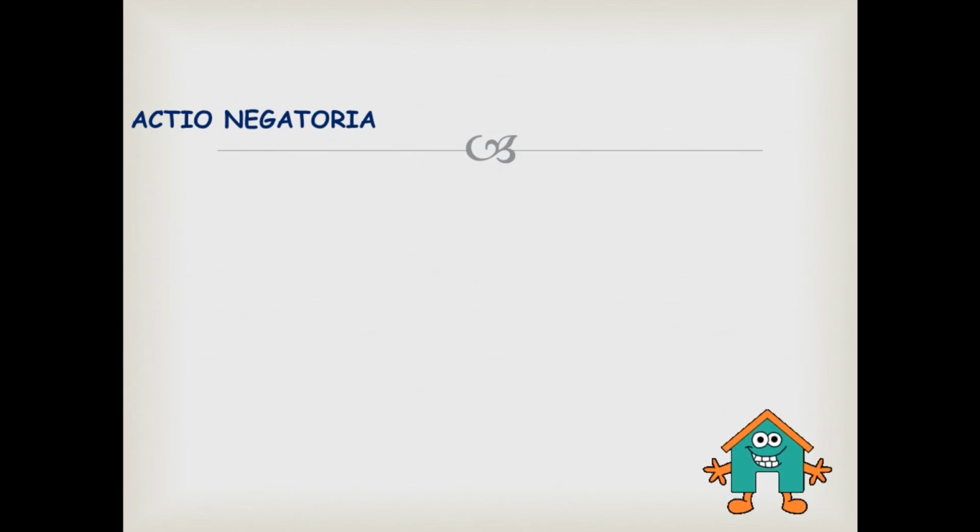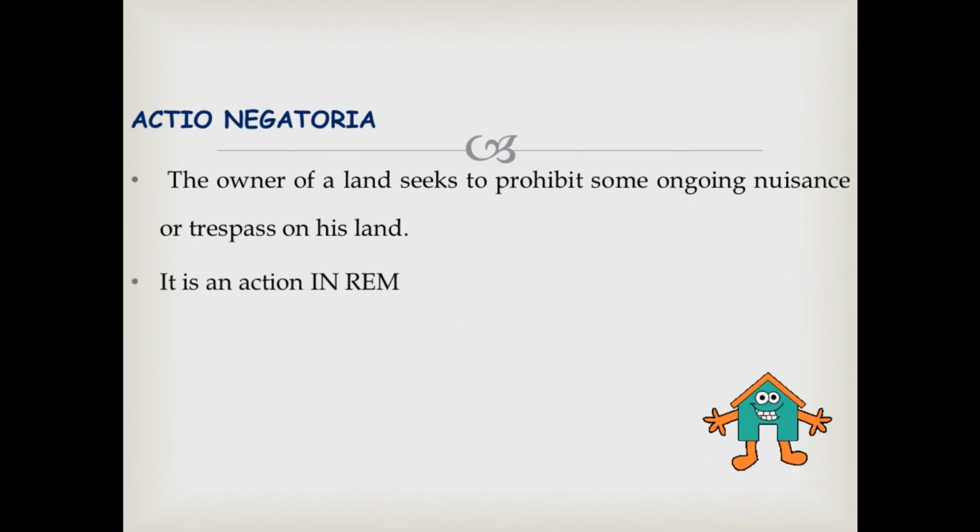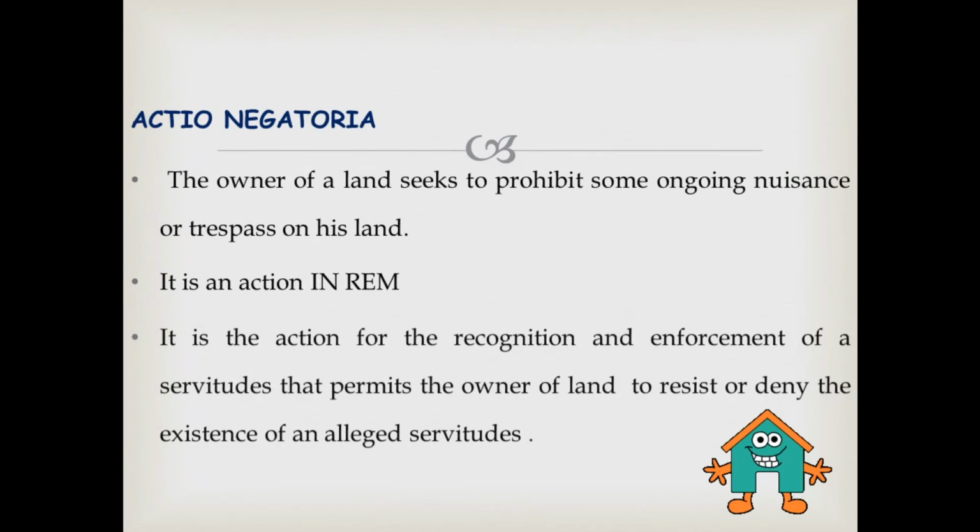Then we have ACTIO NEGATORIA. It is used by the owner of a land who seeks to prohibit some ongoing nuisance or trespass on his land. It is an action in rem.